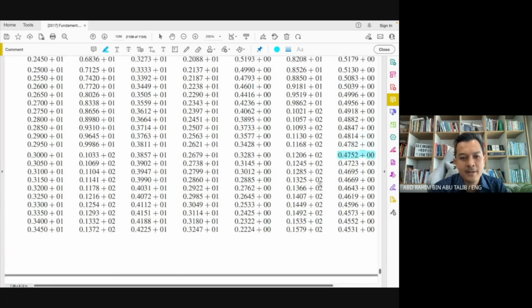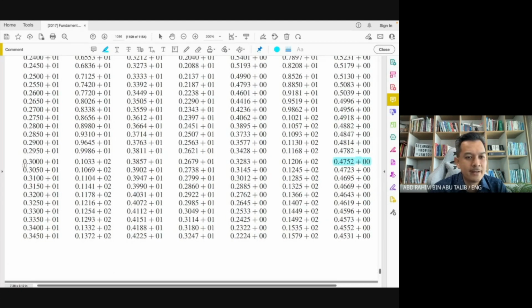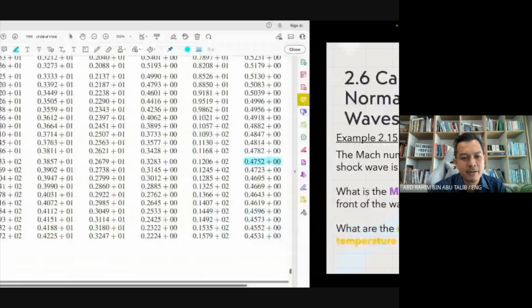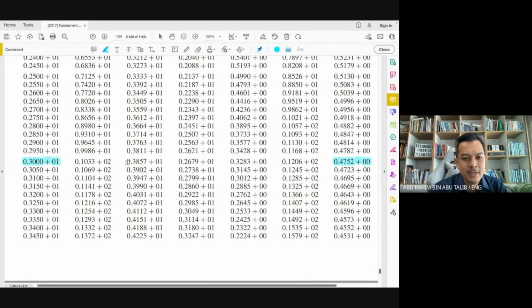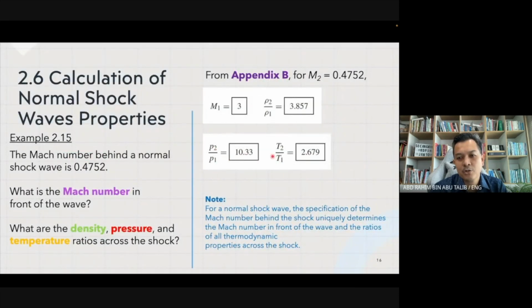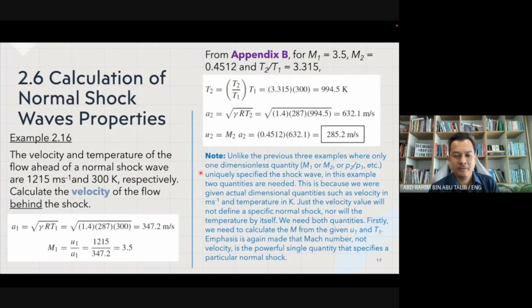And then you will get the value of Mach number in front to become 3, and the density ratio 3857, right? The corresponding pressure ratio and temperature ratio also can be obtained. All right. So we are going to look into a couple more examples.